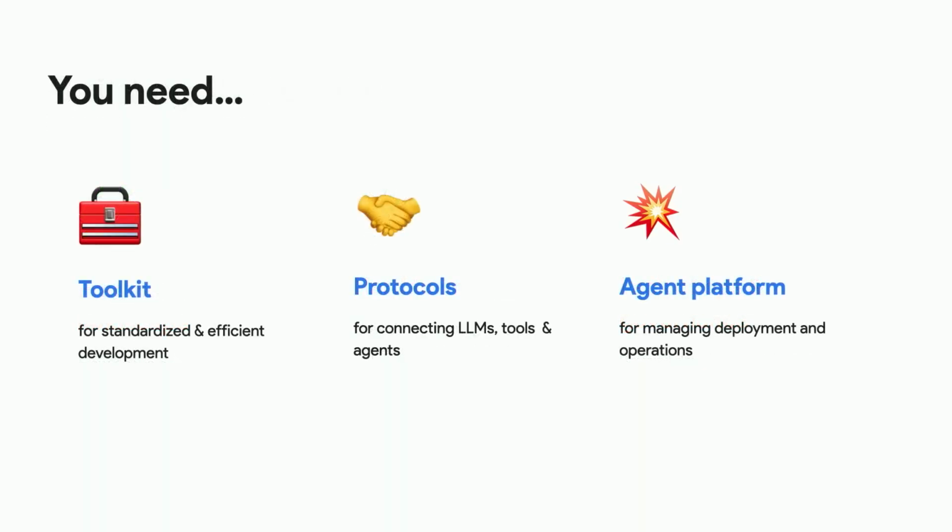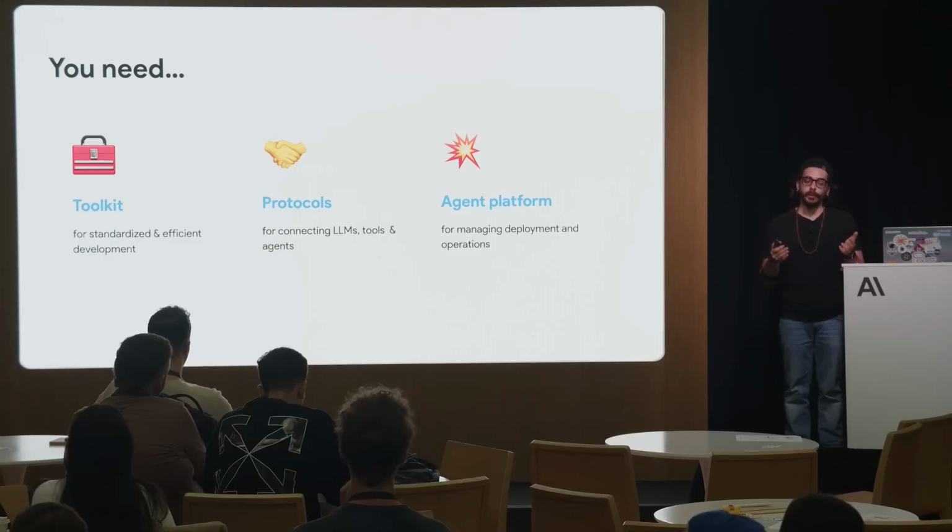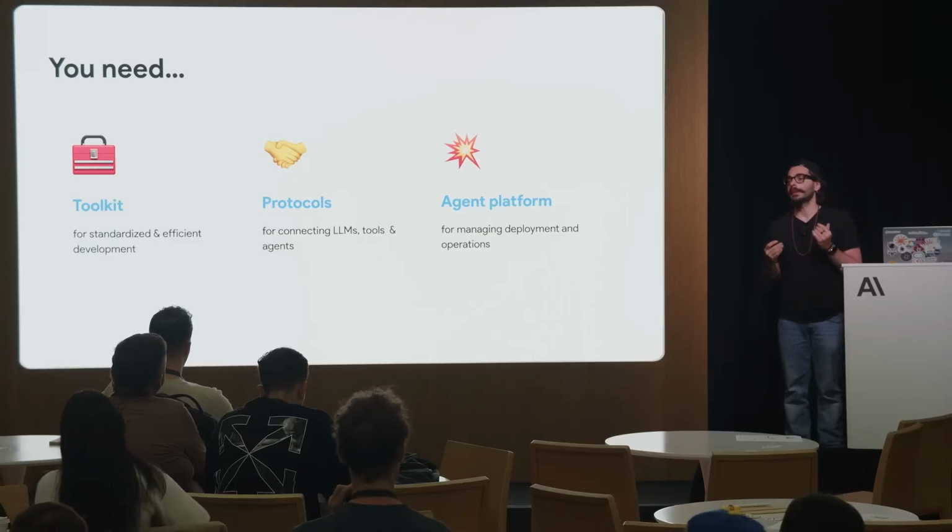That's when you want access to a toolkit, protocols, and an agent platform that allows you to standardize the way you build your agents and scale them to production. And to give you this kind of tooling, we put together this agentic stack using ADK, MCP, Agent Engine, and A2A, which will allow you to confidently build agentic systems and scale them in production as required.